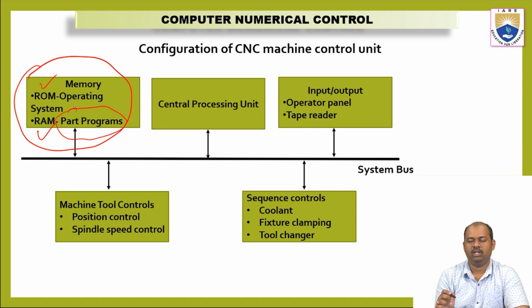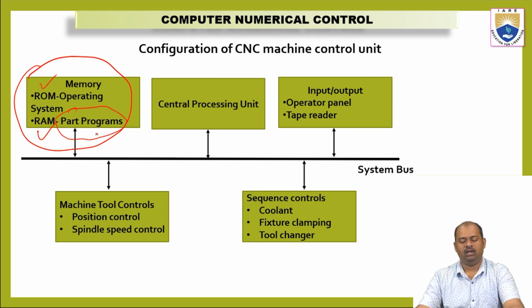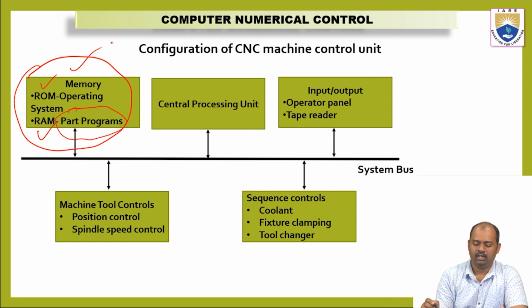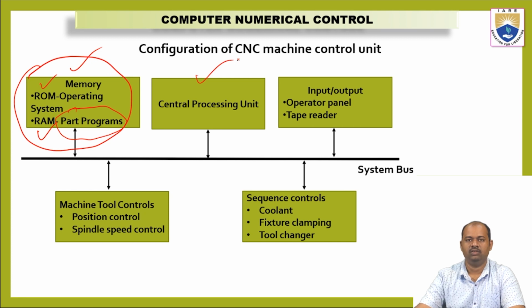Part programs means whatever program we have given to the CNC systems in order to manufacture parts. This program is stored in the random access memory. Now this is the first part, memory, and the second one is central processing unit.